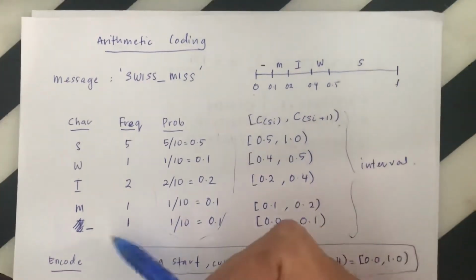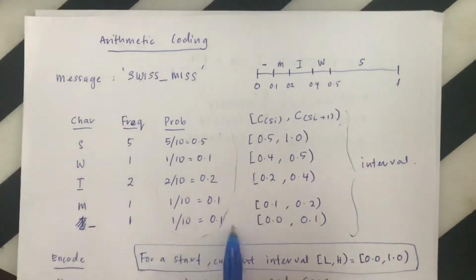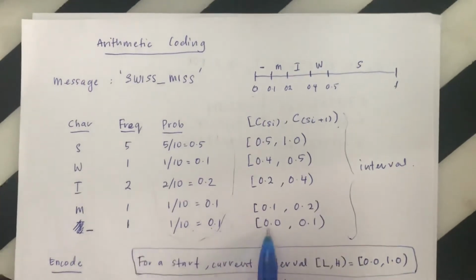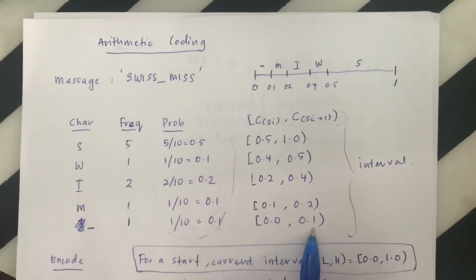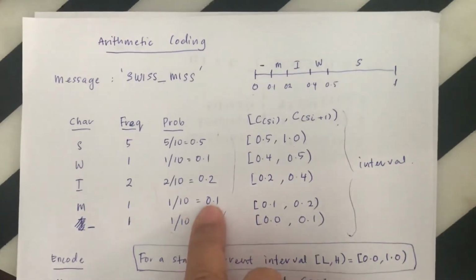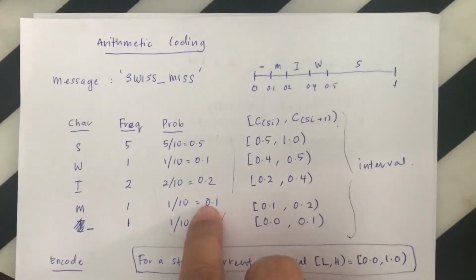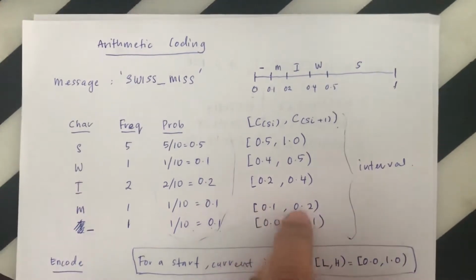So we start from underscore. The size is 0.1, so it starts from 0.0 to 0.1. M is also 0.1 in size, so it starts at 0.1 plus 0.1, and the interval is from 0.1 to 0.2.